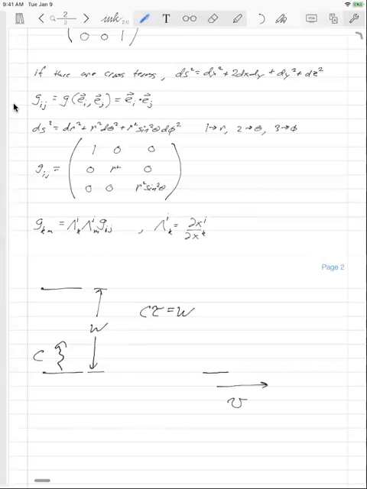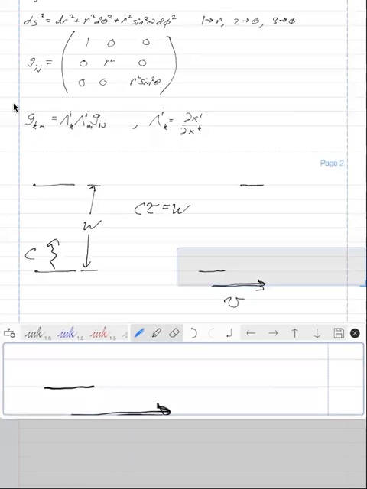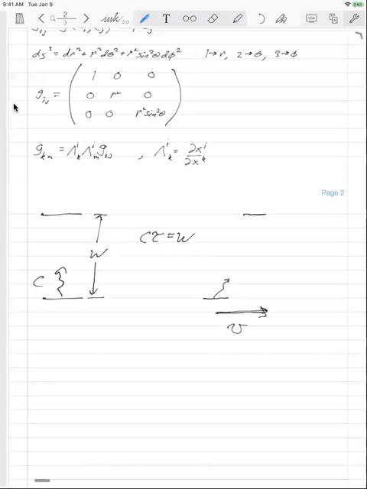So the clock, to be clear, is moving in this direction. But just to be clear, we're going to say the clock is moving to the right. Okay, so by the time the photon reaches the top, the clock has moved here. So to this observer, it appears that the photon is executing a path like this.